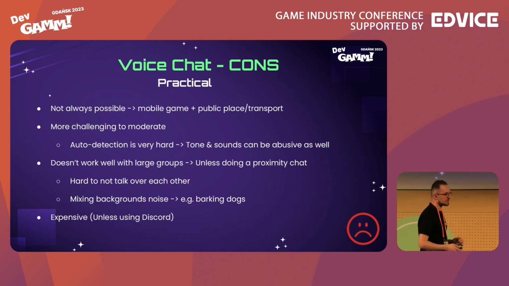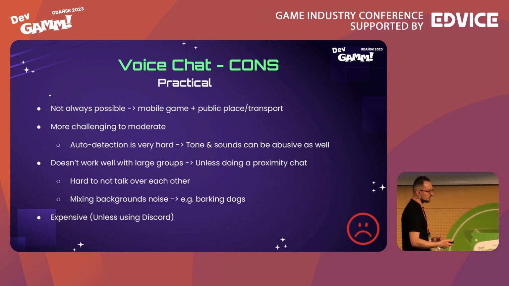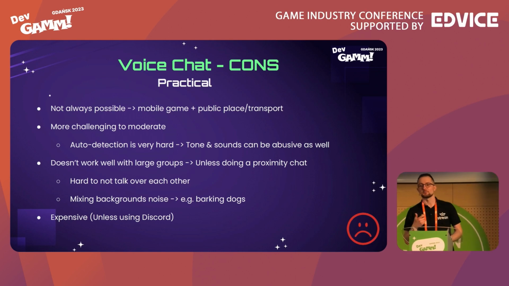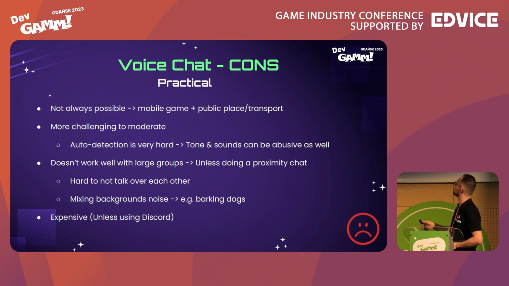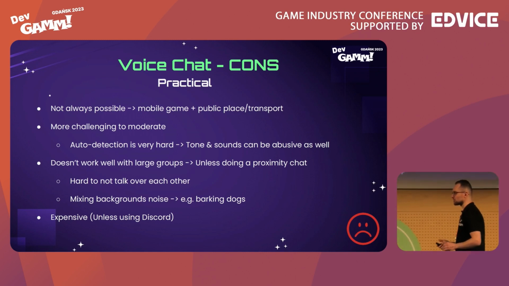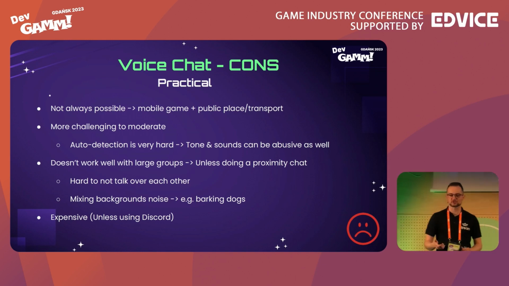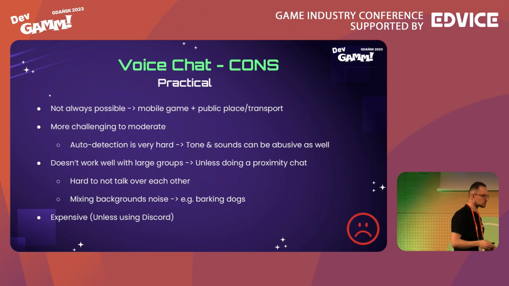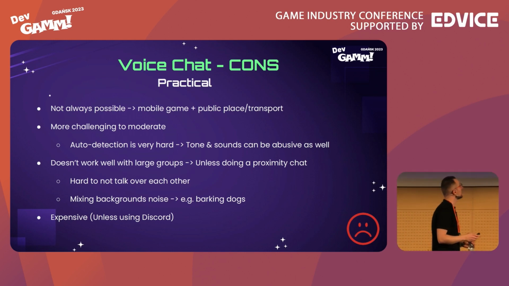The transcription is not always perfect, and also because voice is a much richer means of communication, it is possible for players to be offensive and abusive solely by using their tone or maybe just making weird noises, which can be abusive, and those would be very difficult to detect automatically.